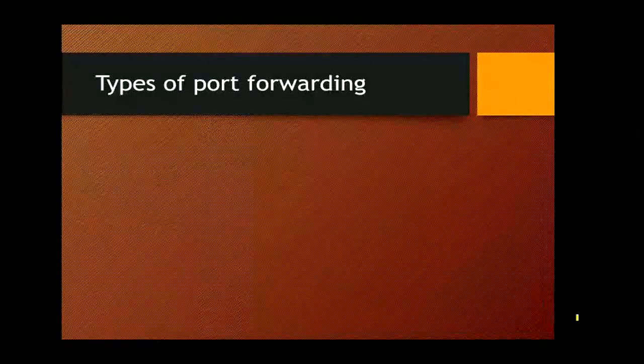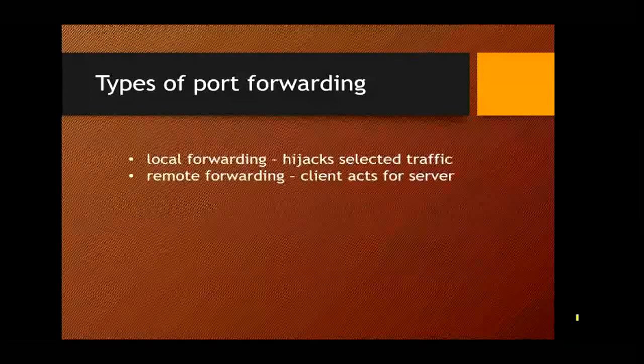Now let us look into the types of port forwarding. There are mainly two types: local port forwarding and remote port forwarding. Local port forwarding is considered to be the hijacker's process, so it will hijack the selected traffic.